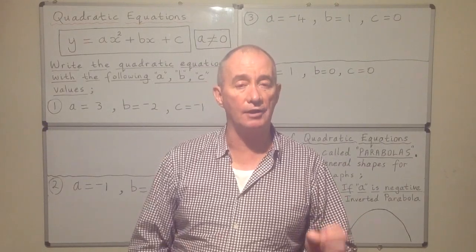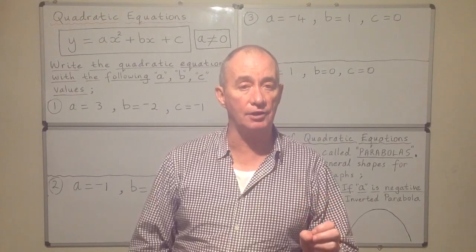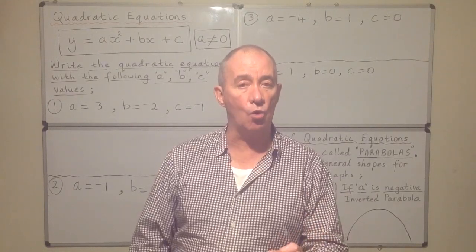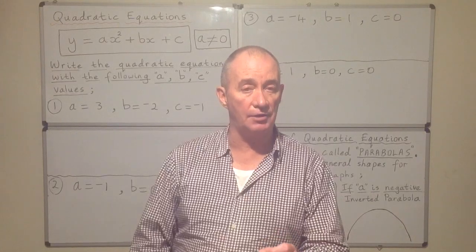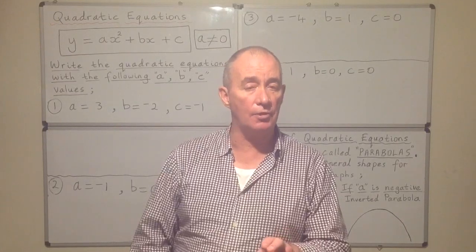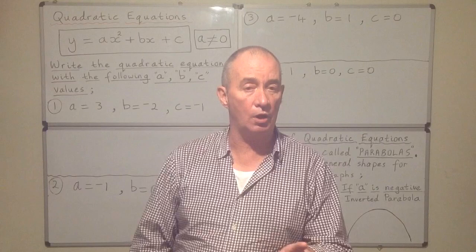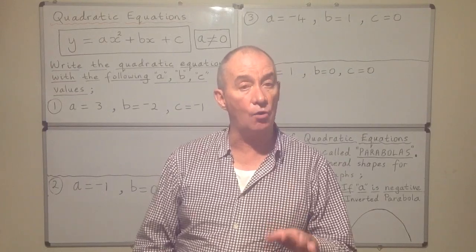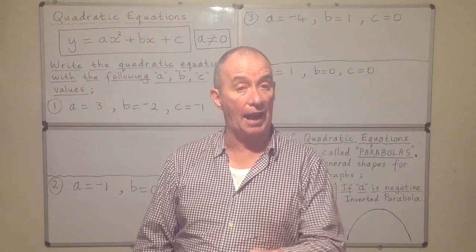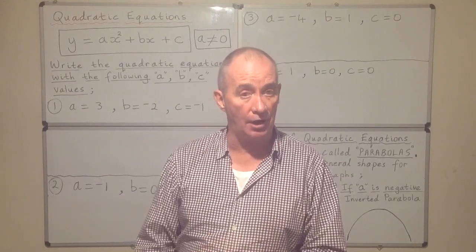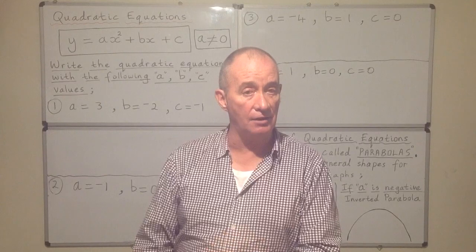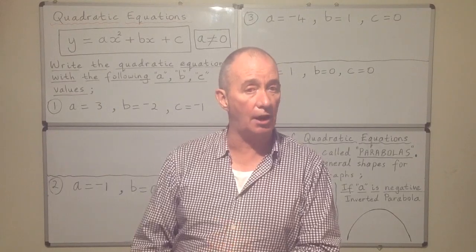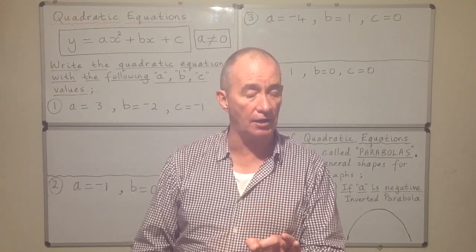On top of that, they are also allowed to contain x and or a single number value at the end of the quadratic equation, but they don't have to contain either or both of those things. They must contain x squared.